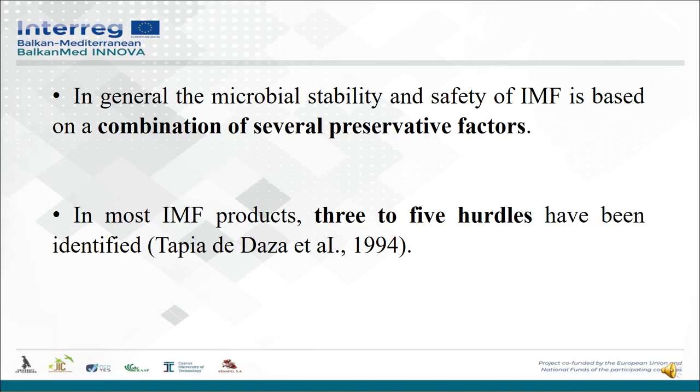In general, the microbial stability and safety of intermediate moisture foods is based on a combination of several preservative factors. Besides the water activity, the active hurdles in intermediate moisture foods depend on the type of product.